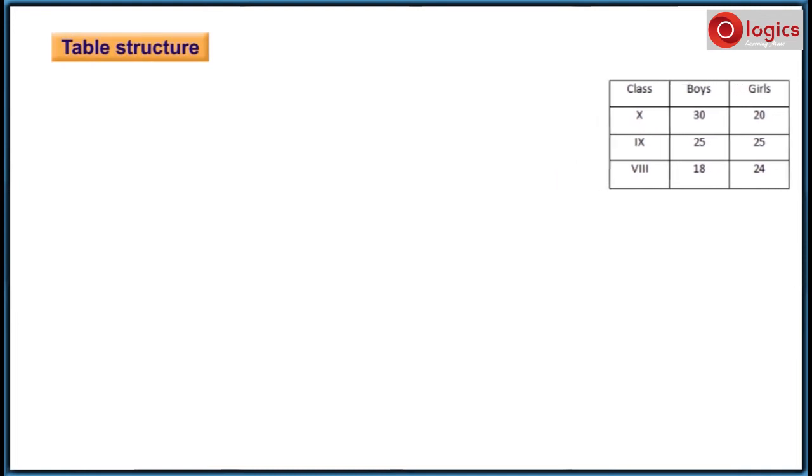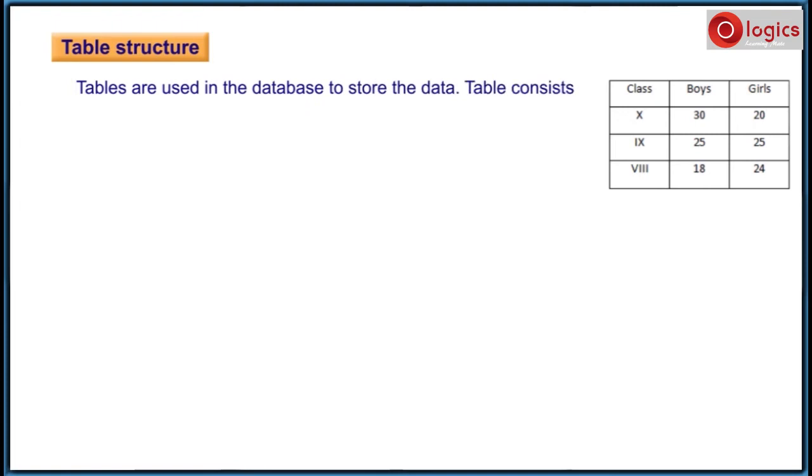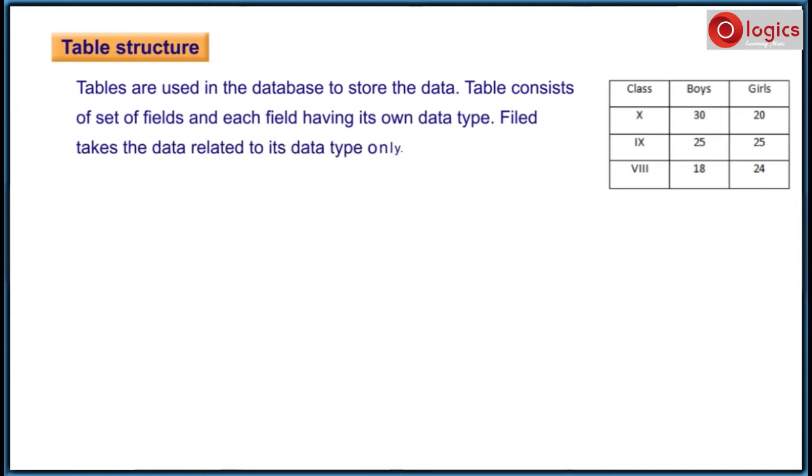Now let us understand how the table field takes the data. Table having many fields and table stores various types of data. While creating the field, you need to specify the data type of it.